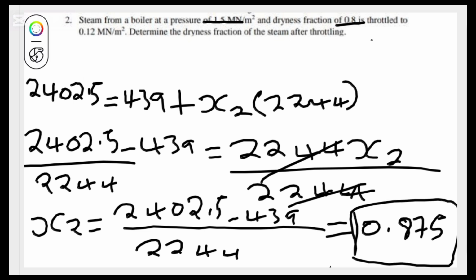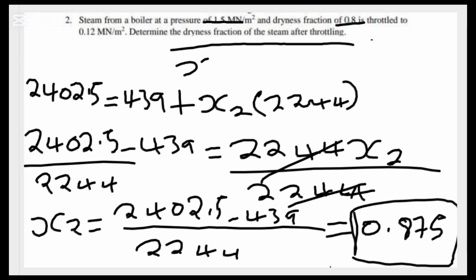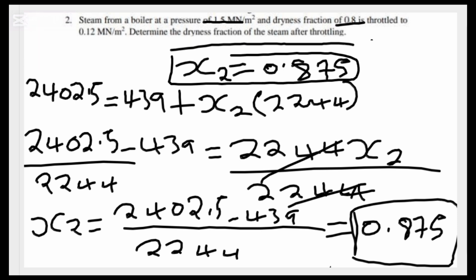So this is my x2. We are to determine the dryness fraction of steam after throttling. Therefore x2 is 0.875 after throttling. So this is the end of this question.